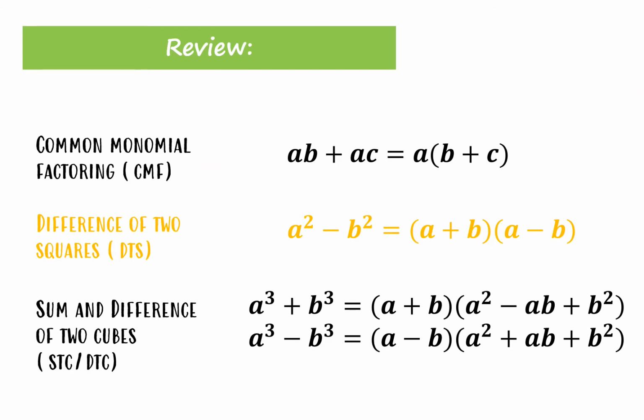So let's have a review first. What are these factoring techniques nga ba? Kung naalala nyo, we have the common monomial factoring or CMF, wherein here kinukuha na natin siya ng greatest common factor. And then we have the difference of two squares or the DTS.